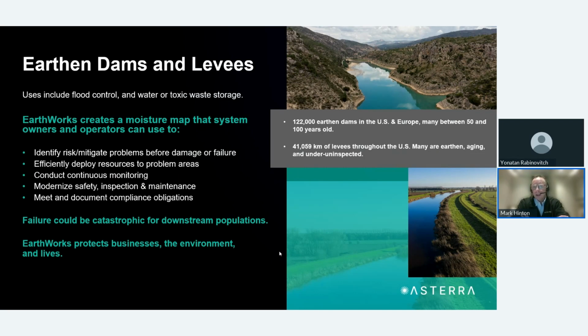So regular monitoring for build-ups, trends, or anomalies of soil moisture as a form of early warning is now possible using our type of tool set, using Earth observation. And that can assist with the ongoing risk categorization and assessment of those structures and assets.